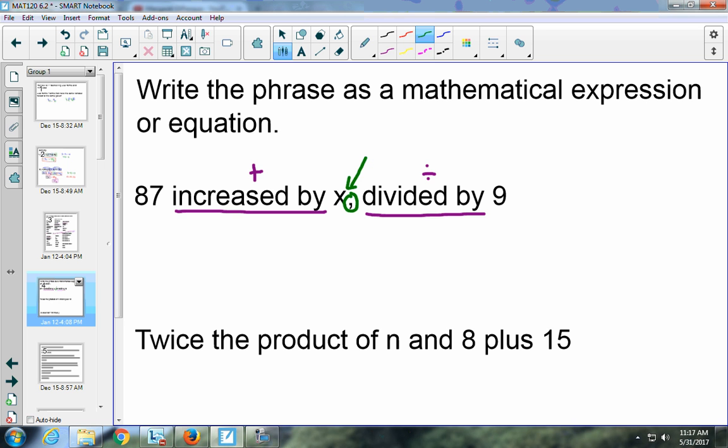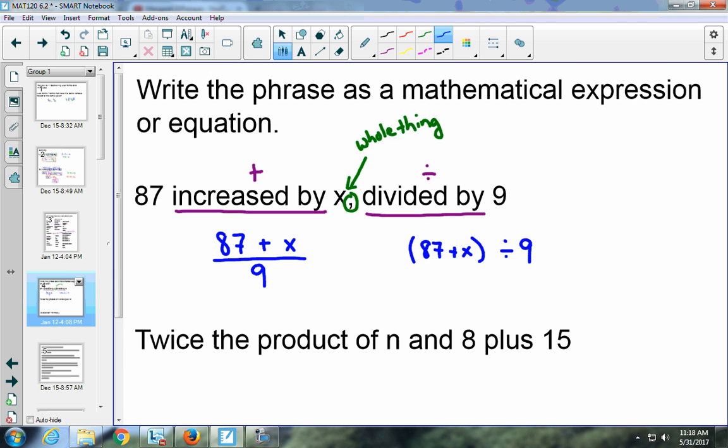That comma tells you that you want to take the whole thing, everything before that comma, and divide it by 9. So we can write this in two ways. We can write 87 plus x and divide it by 9 using a fraction bar. Or we could use parentheses to say make sure you do that addition first and then divide it by 9.